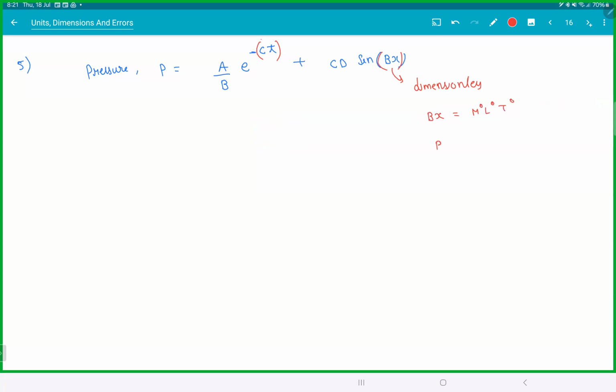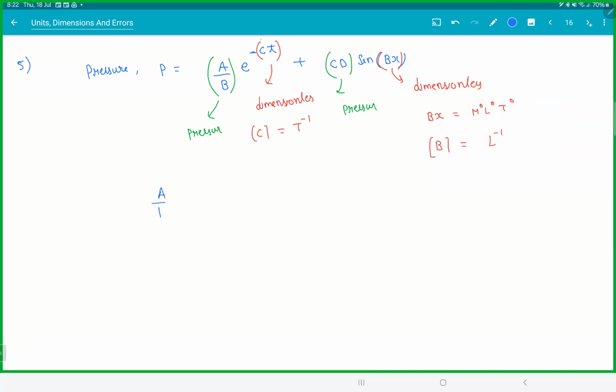So basically dimensions of B is L minus 1. Similarly, this is also dimensionless. So you can clearly see dimensions of C should be time T power minus 1. Now this quantity must be pressure, because you can add only pressure. This CD also must be pressure. So you can relate like this.